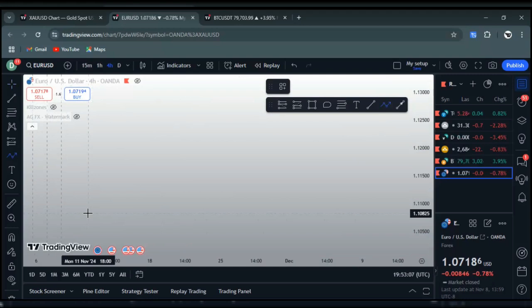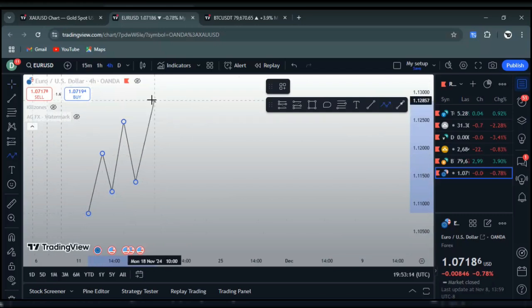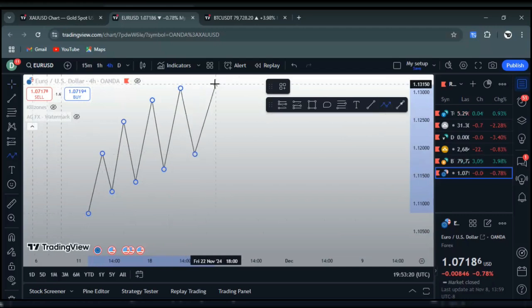So after a series of higher highs and higher lows has been created, what do we call it? We call it uptrend. When higher highs and higher lows are being created, we call it uptrend.